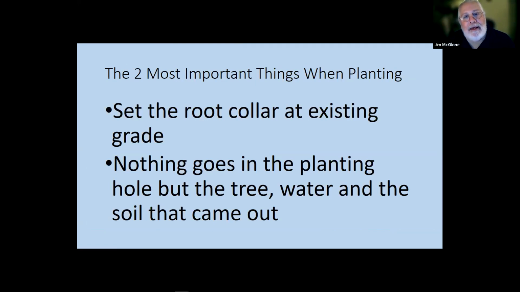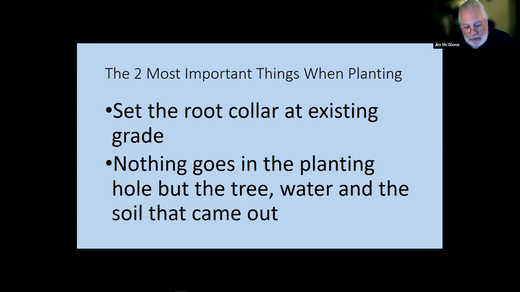The other thing is nothing goes in the planting hole but the tree, water, and the soil that came out. I know I can hear you out there saying, but I have this really crappy clay soil, et cetera, et cetera. Doesn't matter. When you start amending that backfill soil, you create a hydrological discontinuity.